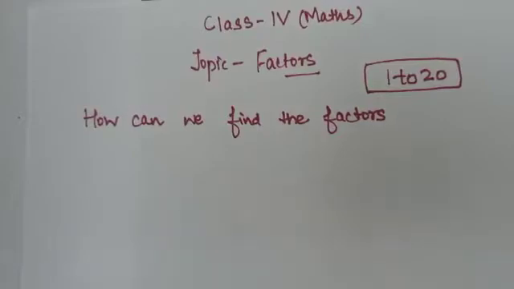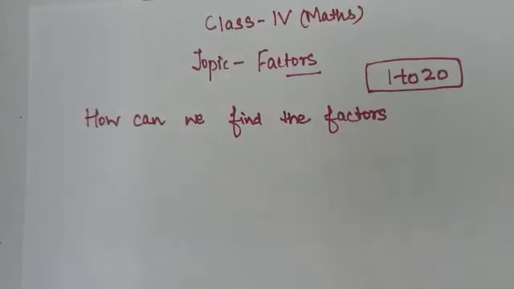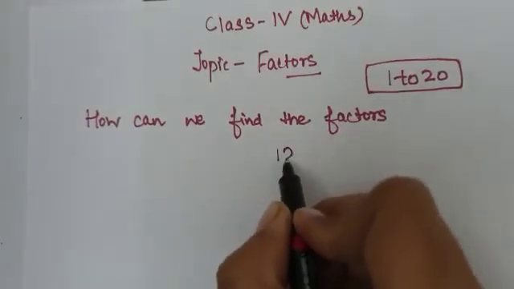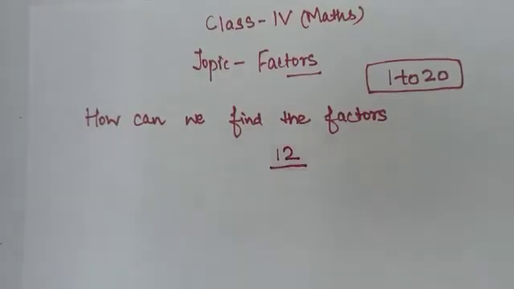How can we find the factors of a given number? I am starting with a very simple number, that is 12. Clear? Suppose we have to find the factors of 12.